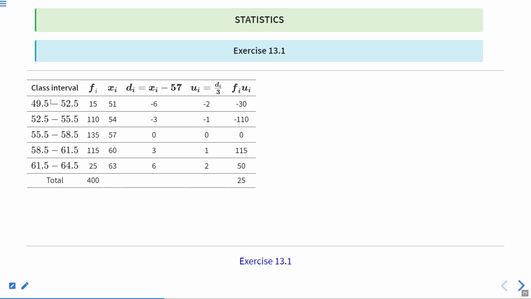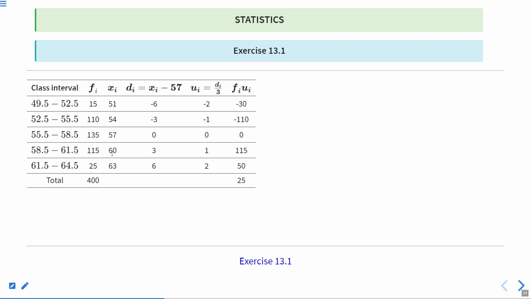For class interval 49.5 to 52.5, fi is 15, xi is 51, di is -6, ui is -2, and fi ui is -30. In the next interval, fi is 110, di is -3, ui is -1, and fi ui is -110. In the next interval, fi is 135, xi is 57, di is 0, ui is 0, and fi ui is 0.